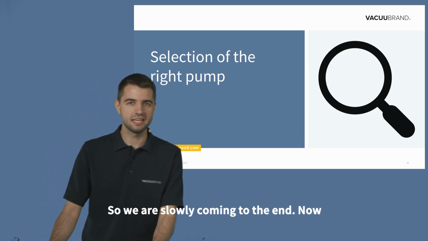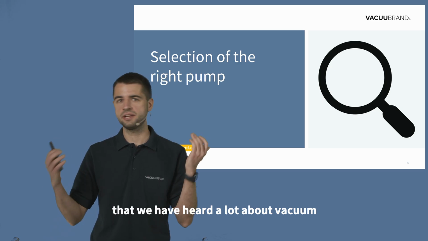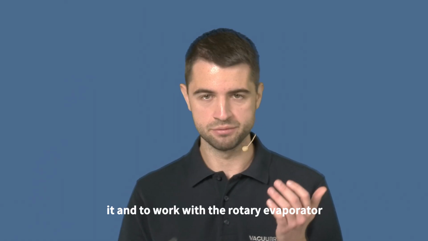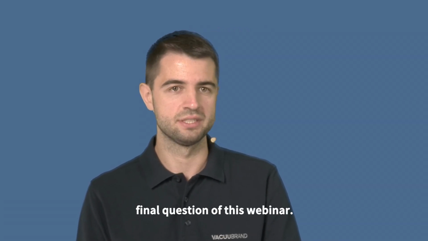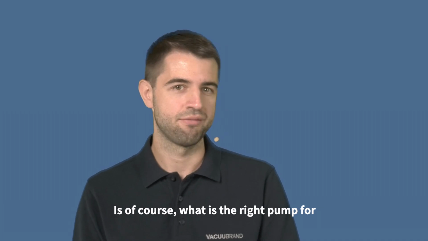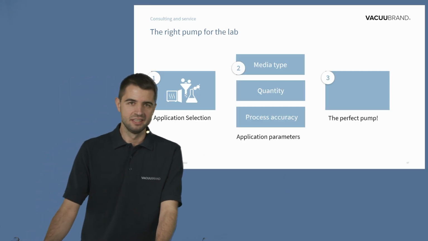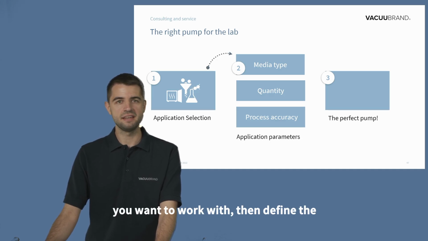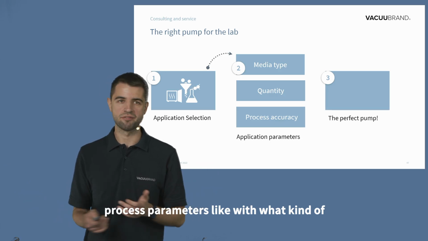So we are slowly coming to the end. Now that we have heard a lot about vacuum basics and the correct way to work with the rotary evaporator in all the vacuum ranges, the final question of this webinar is, of course, what is the right pump for my individual application? First of all, choose the application you want to work with, then define the process parameters, like what kind of media am I working with?